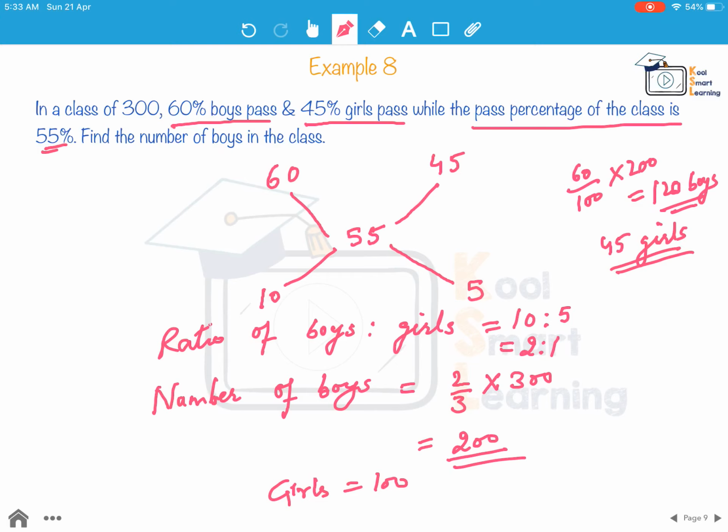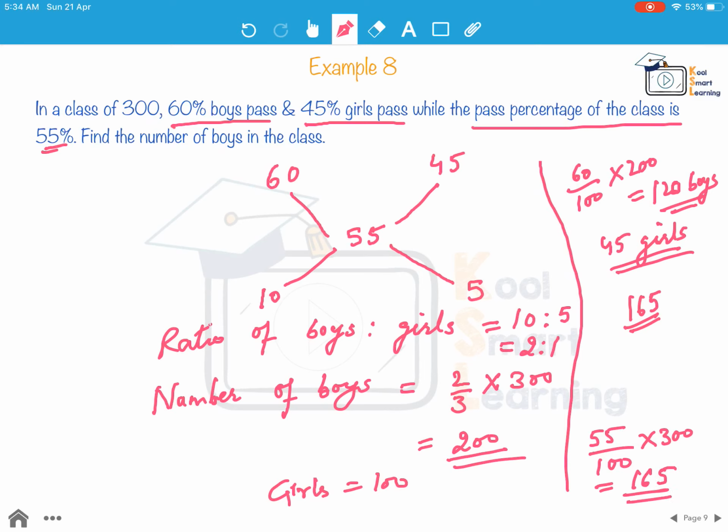So the total number of students who pass is 120 plus 45, which is 165. And 55% of the total 300 comes out to be 165. So this is just a cross check that we are doing. This is not required to solve the problem. The problem is solved simply by the rule of allegation.